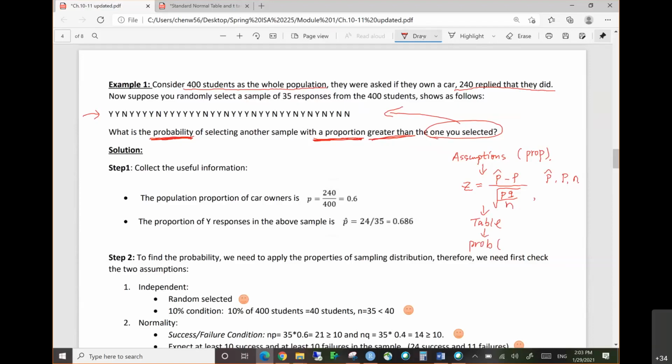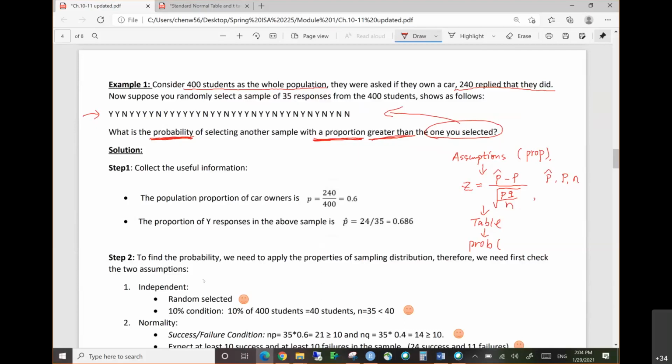To the left or to the right? Emily? We want to the left? To the left will be the probability that is less than the z we have.